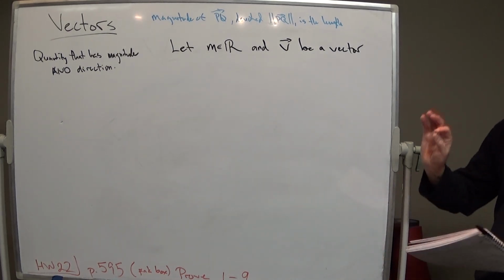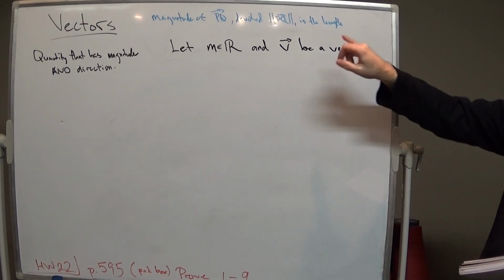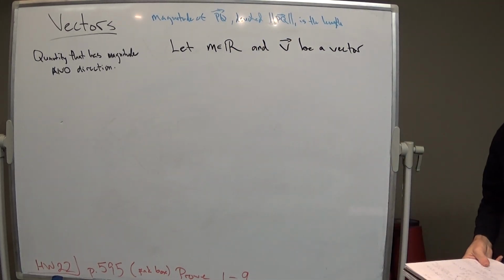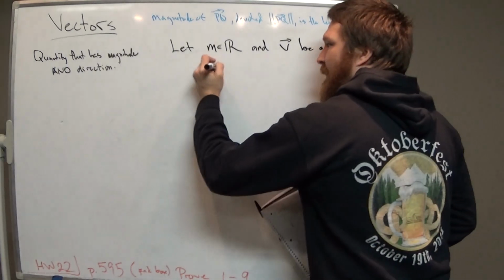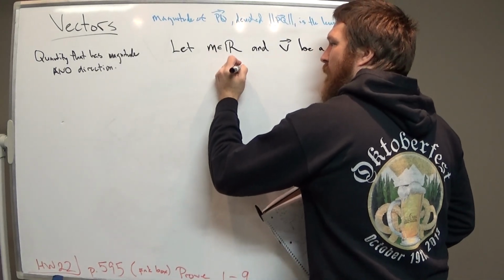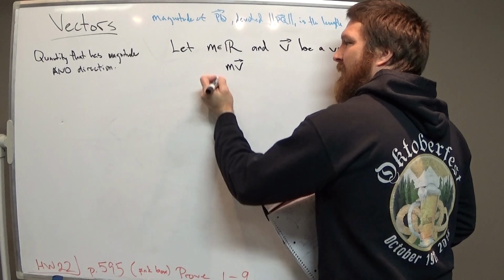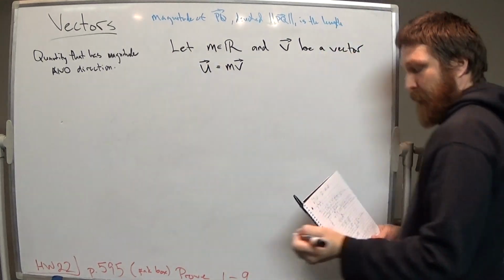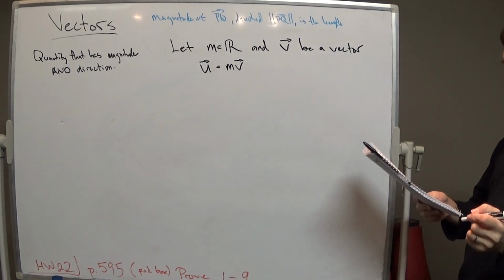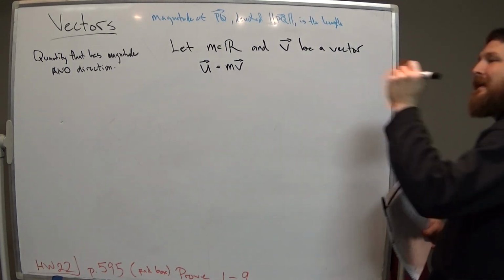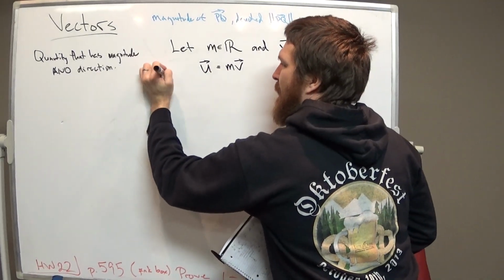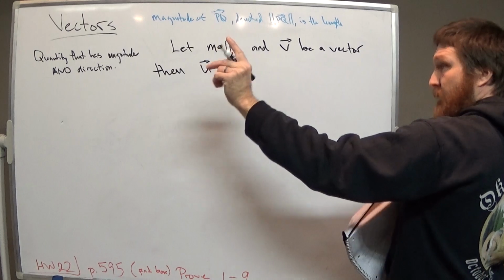Then, now this is one thing that you could do with vectors. You could multiply a vector by a scalar and you get another vector. In other words, if I take M and multiply it by V, I get a vector. Let's call it U. Okay? So this is the statement.